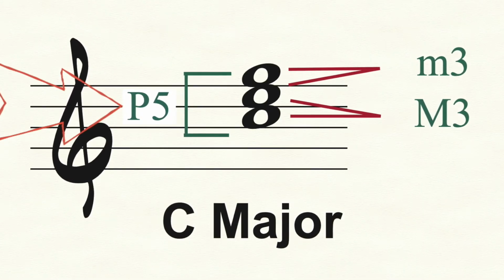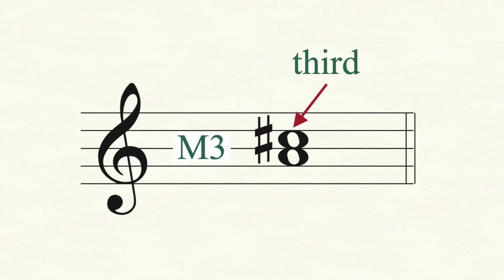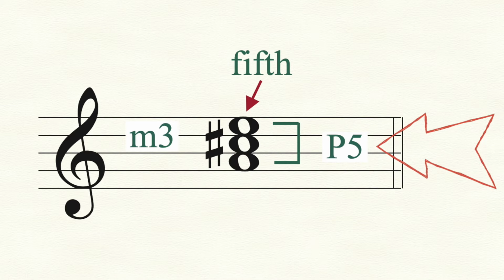That's another way to build your chords. That way you don't have to do all the scale stuff. Let's just pick a random note. A. A major third above A is C sharp. And a minor third above the C sharp is E. And notice that the outer notes are a perfect fifth. There's your major chord.